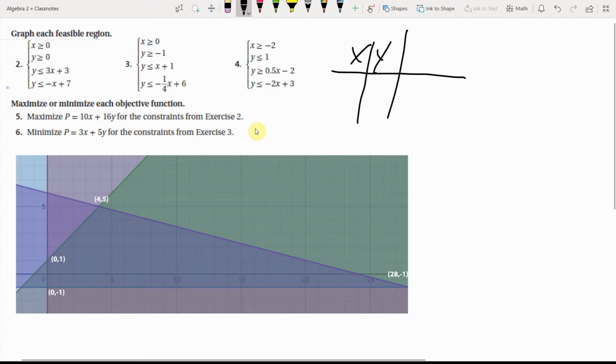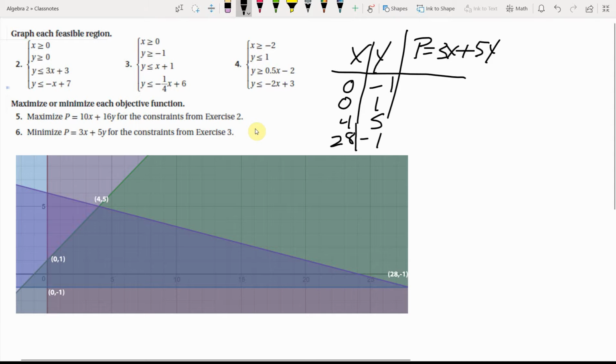So we have p equals 3x plus 5y. Alright, so my vertices are 0, negative 1, 0, 1, 4, 5, and then 28, negative 1. Okay, and then we'll just substitute an x and y into our objective function.